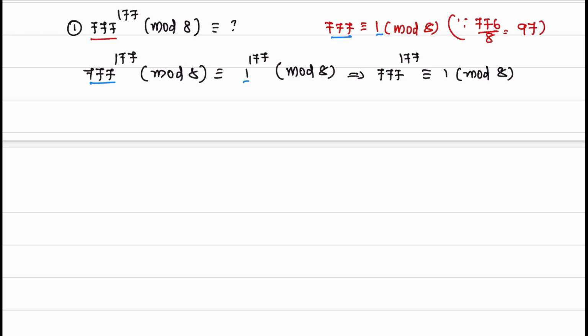Second part, what we have to find out? 777 to the power of 177 mod 125. How much? This is what we have to find out now.